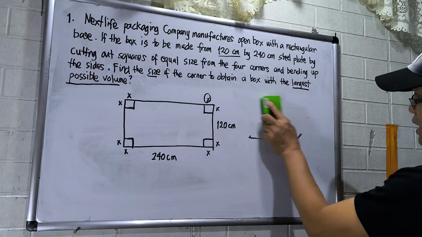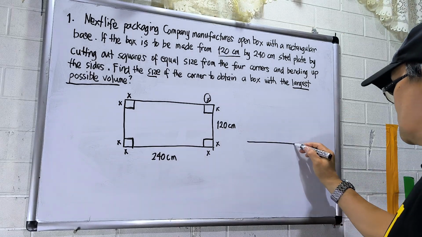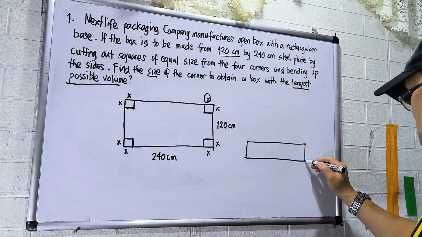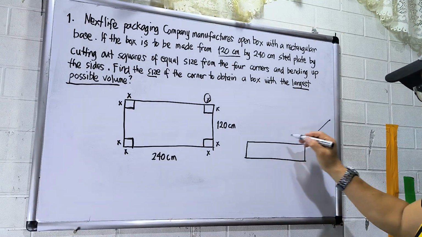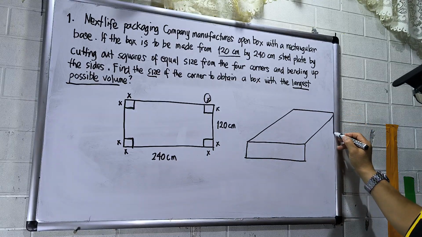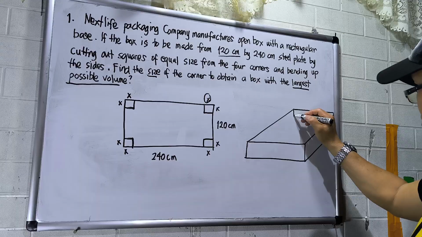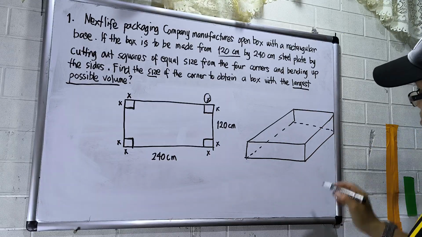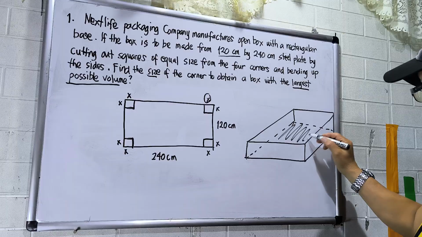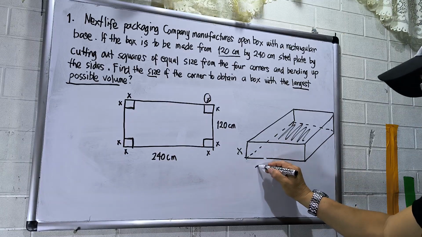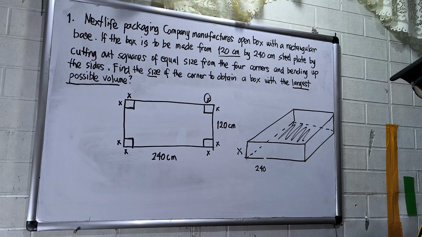So we make a bigger one. This will be our x, and this will be 240.